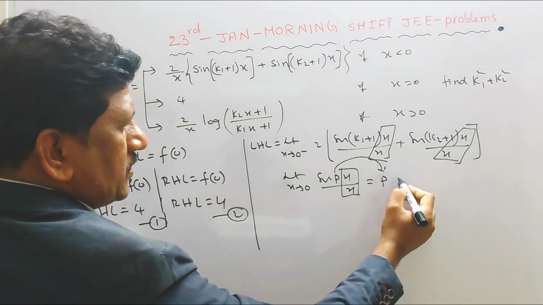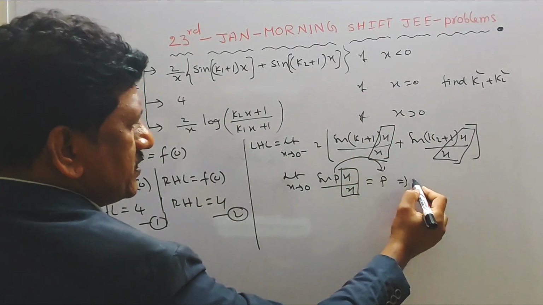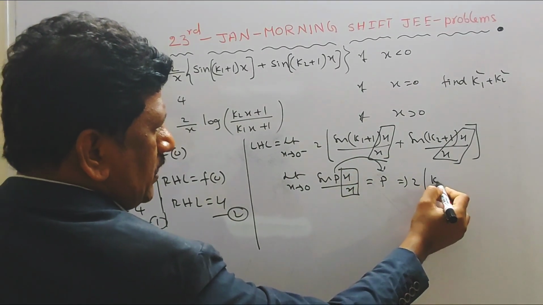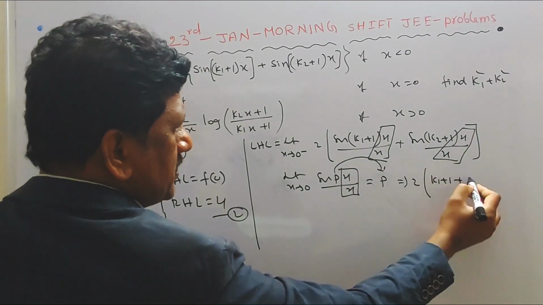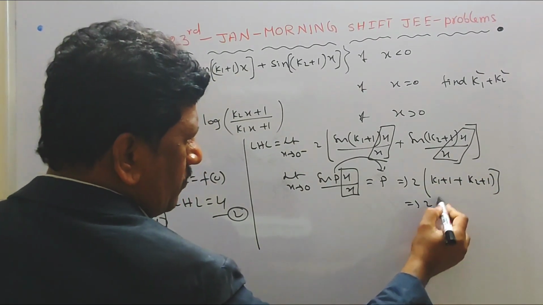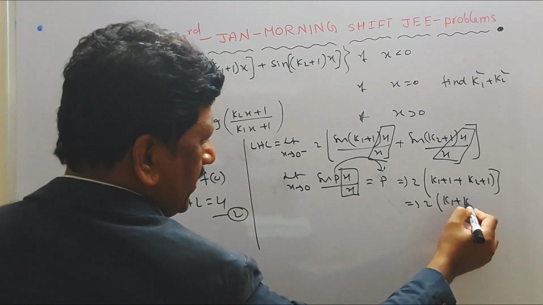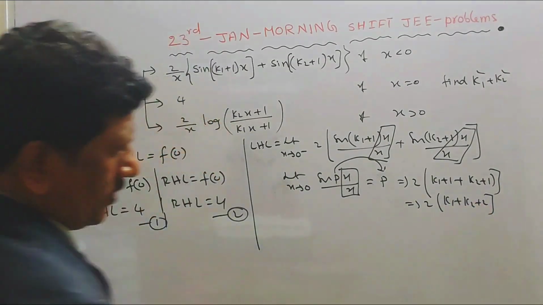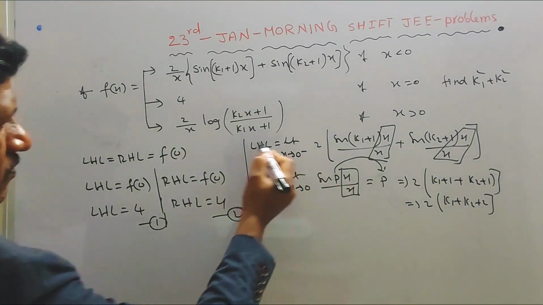So we got the answer 2 times of (k1 plus 1) plus (k2 plus 1). So in total, this is k1 plus k2 plus 2.